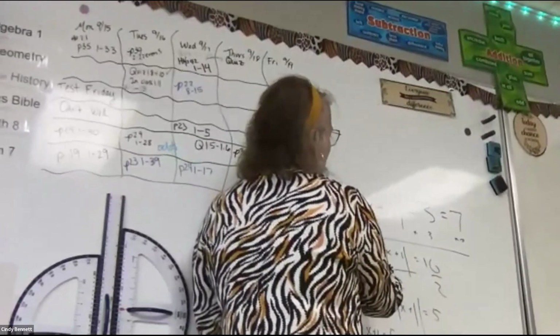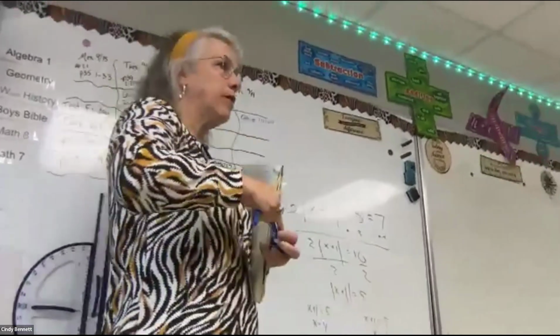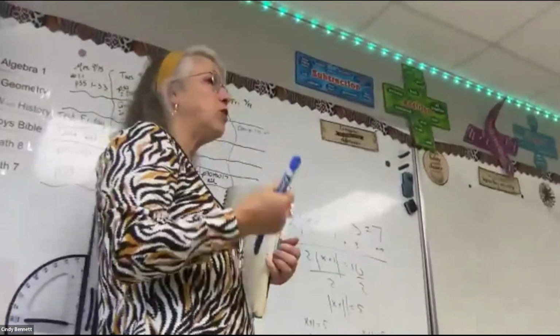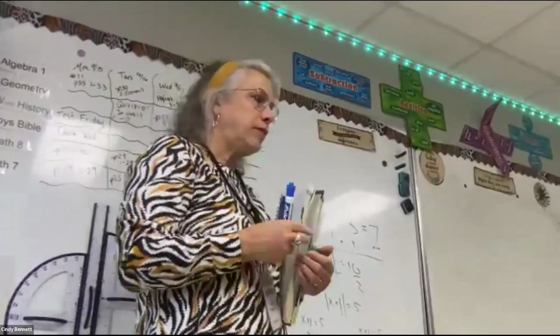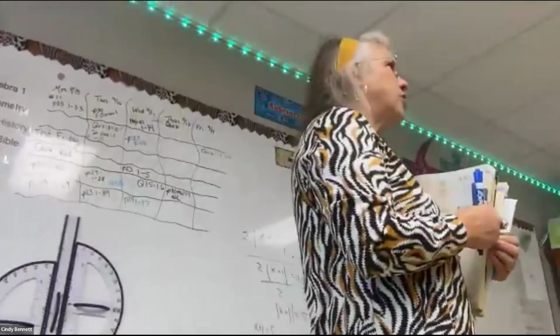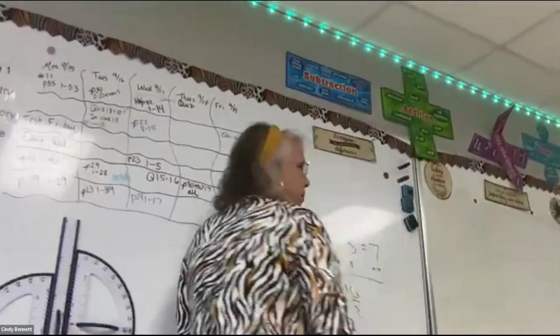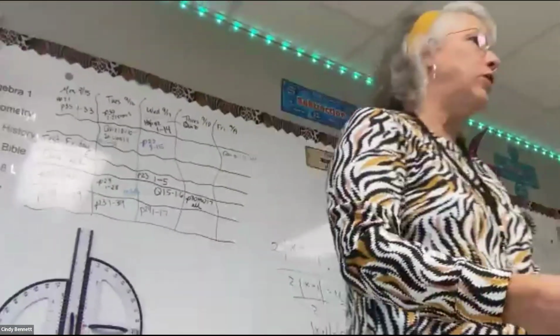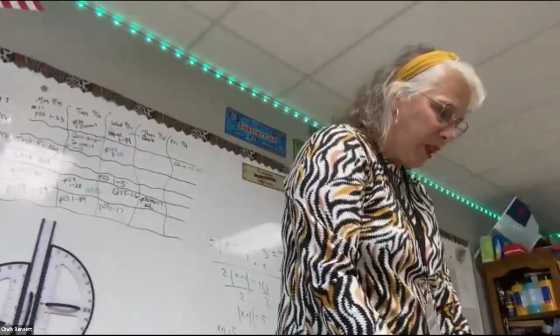Absolute value is 5. 2 times 5 is 10 minus 3 is 7. So both of those work. There will be times where you get two solutions, but only one works. Or if your question is something that needs a positive number, sometimes you won't use the negative number in your answer, and that's it.